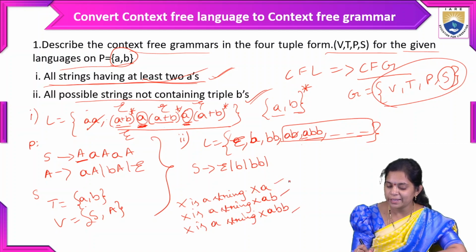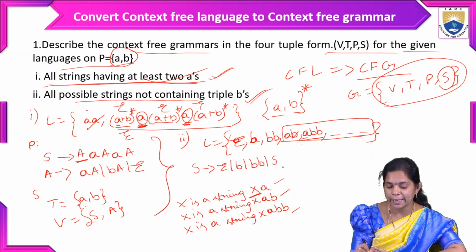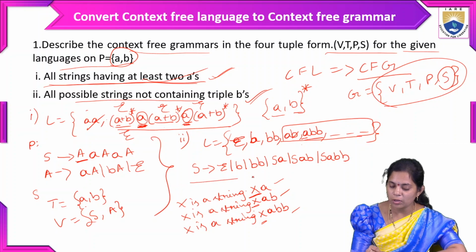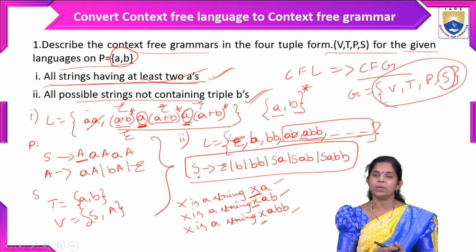So these three things we will name in the grammar. Instead of this X, it is a combination of A and B. So we will write together S, we will write A, and instead of this X, AB, and instead of this X, A, B. If we write all these production rules, we'll write together one equation here.